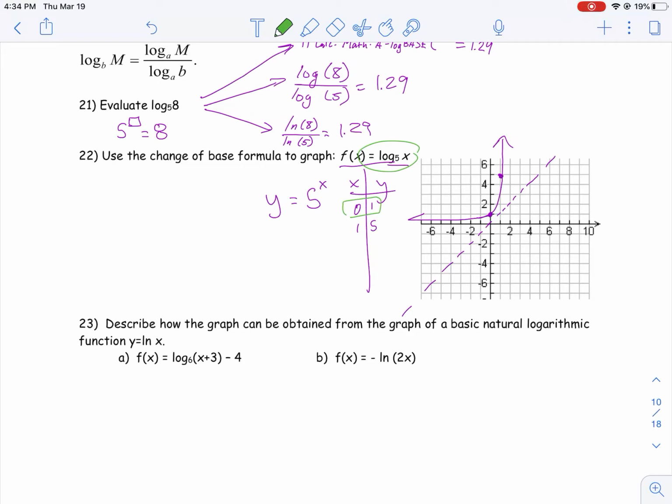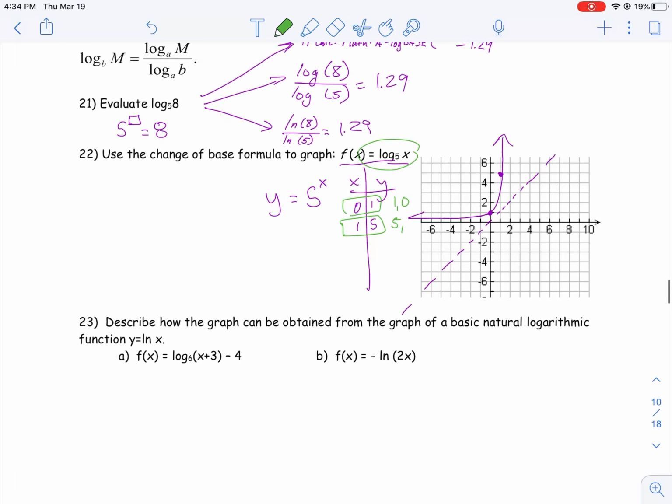And so instead of graphing 0, 1 and 1, 5, I'm going to switch the x and the y, the input and the output, so that it's 1, 0 and 5, 1.